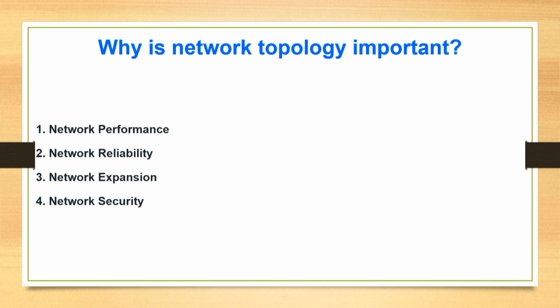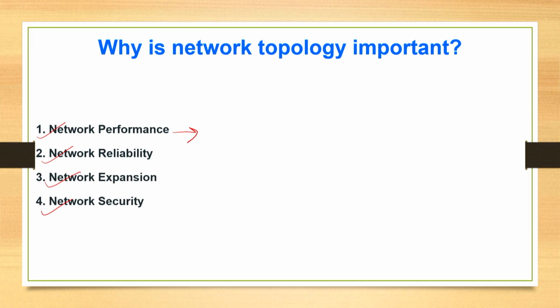So, why did we study this network topology? Why is it important? Because one wants to consider network performance, reliability, expansion and security. What is network performance? It is choosing the appropriate topology as per the requirement.